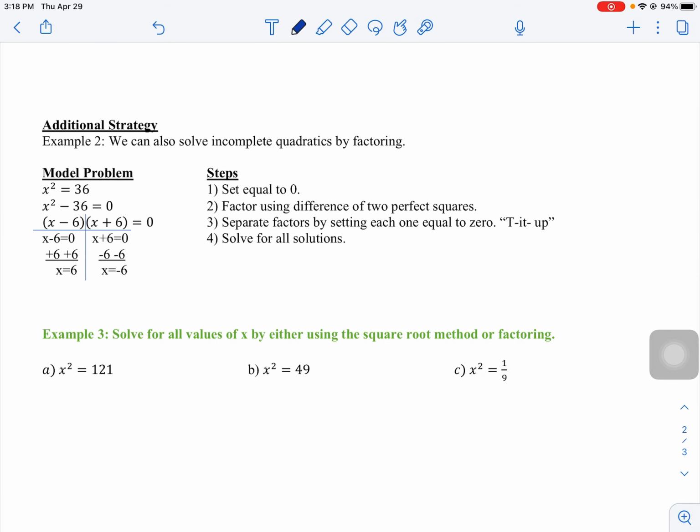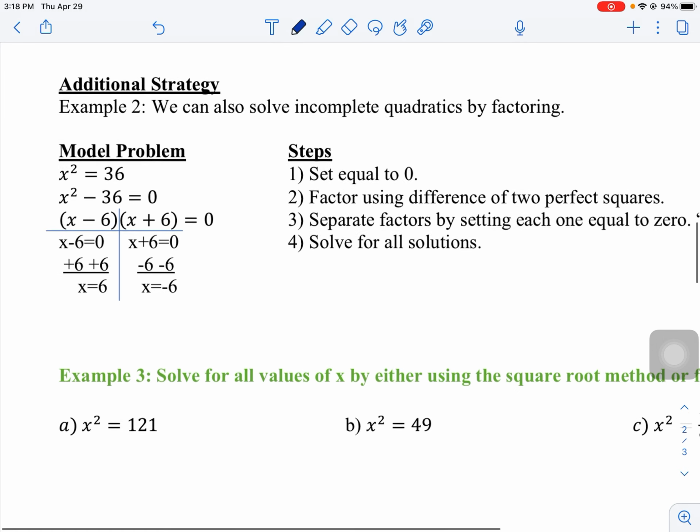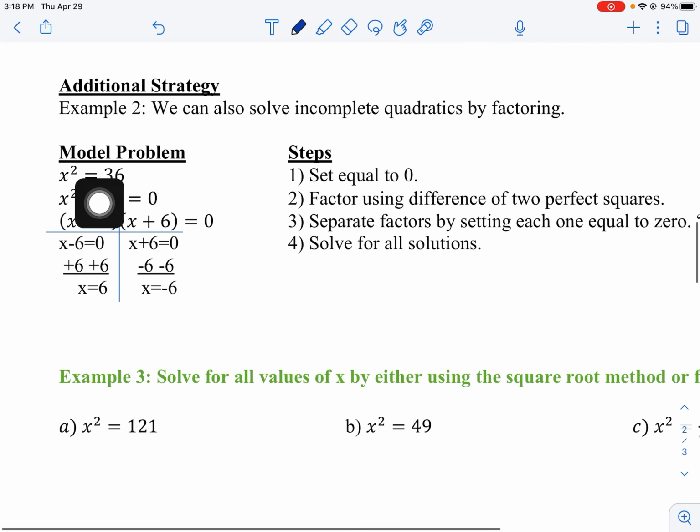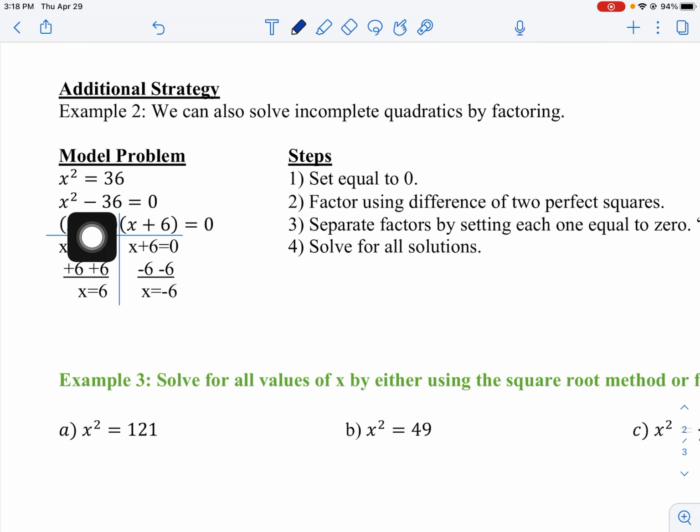Another way to solve an incomplete quadratic is by factoring. This is what you were taught to do in lesson 12.1 and 12.2. You have the quadratic, set it equal to 0. So we're going to minus 36 from both sides.